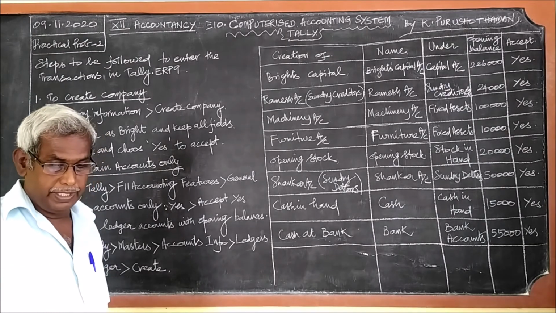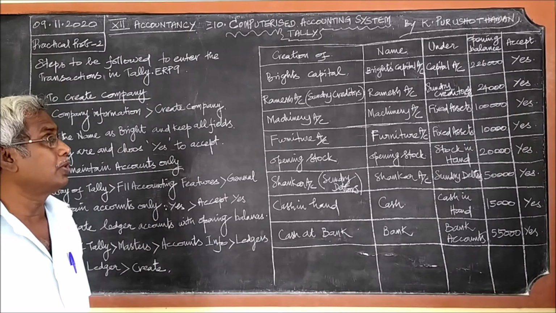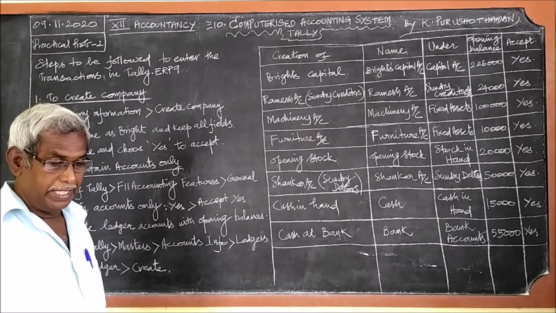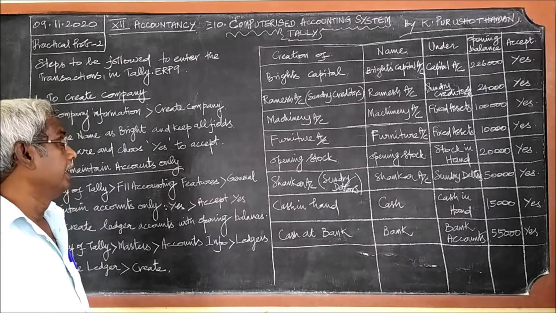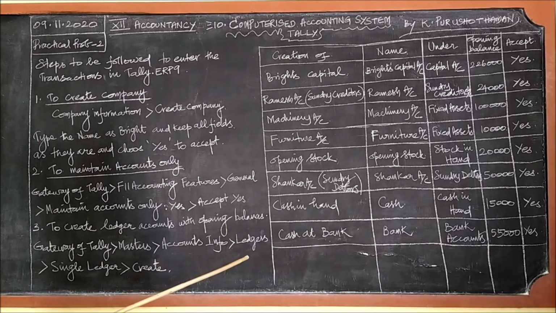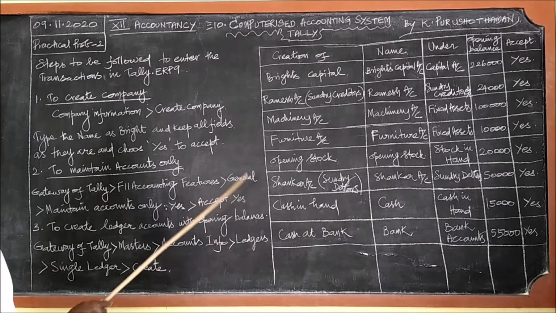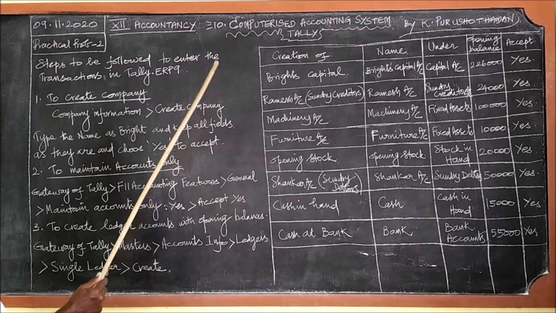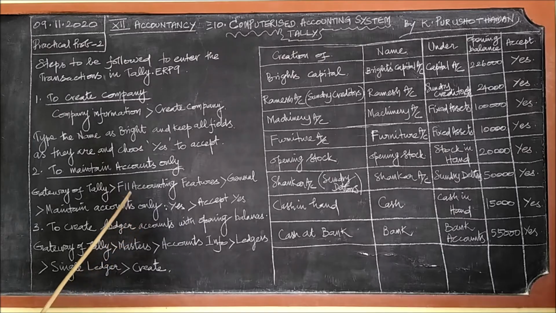The balance sheet given is as on 1/4/2018, that is the opening balance sheet of the accounting year. Before creating the things, we should know certain steps to be followed.